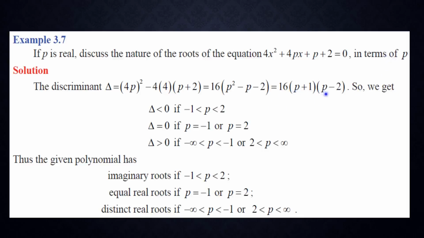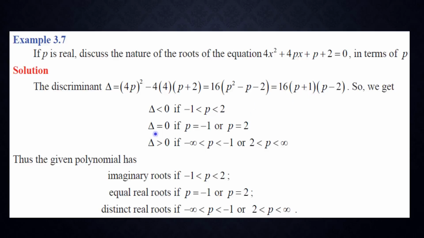So from these two we can find p value is equal to minus 1 and this p value is equal to 2. Okay, so we get delta less than 0. Less than 0 means negative answer. So when we are getting the negative value, the p value is greater than minus 1 and less than 2, then this value is less than 0.